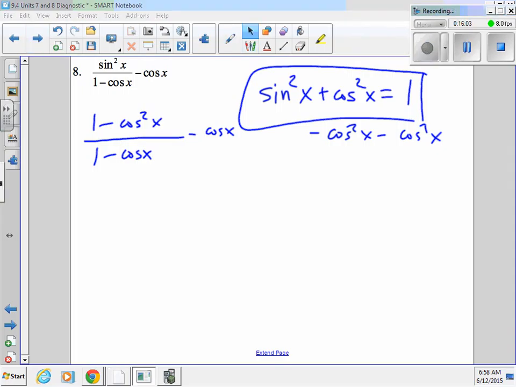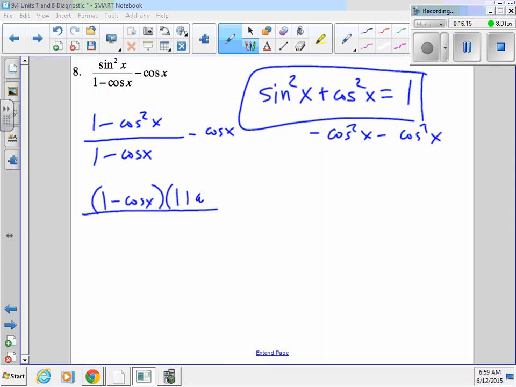So we have 1 minus cos squared x over 1 minus cos x, minus cos x. 1 minus cos squared can be factored into 1 minus cos x times 1 plus cos x, using the difference of two squares factoring. And this is very nice because it kills off the 1 minus cos x.